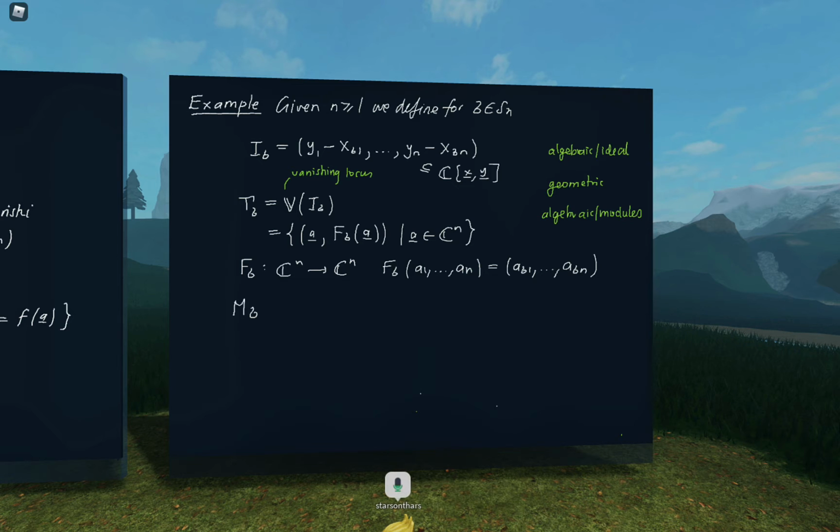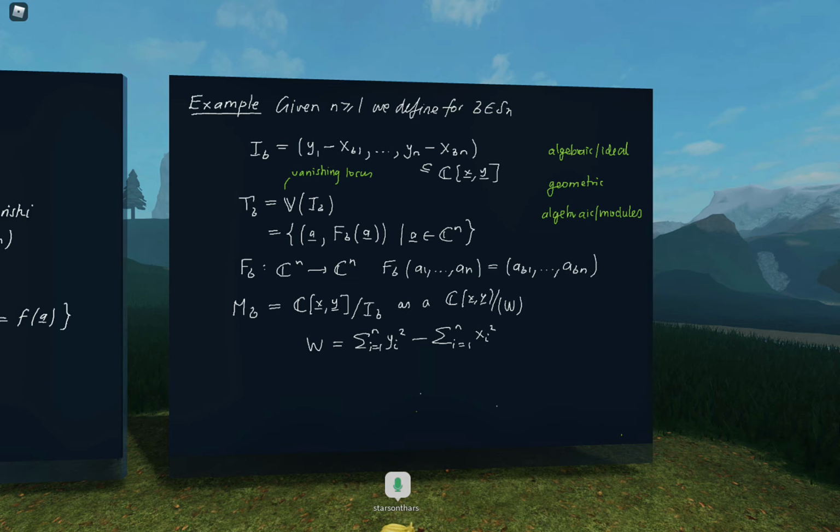Then I've got the module, which is just the coordinate ring of gamma sigma. It's the quotient of the polynomial ring by I sigma, viewed as a module over the quotient by W, where W has not played any role up till now, but it was selected to be this thing here.